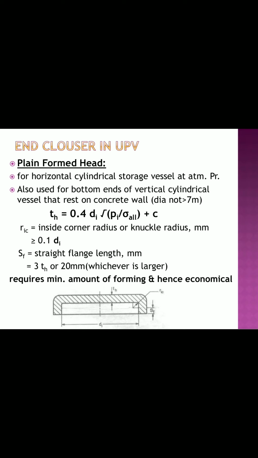The value of TH is equal to 0.4 Di under root of P upon sigma allowable, plus C. Where RIC is the inside corner radius or knuckle radius and it is greater than or equal to 0.1 times Di. SF is the straight flange length. This SF you can consider as 3 TH or 20 mm, whichever is larger.